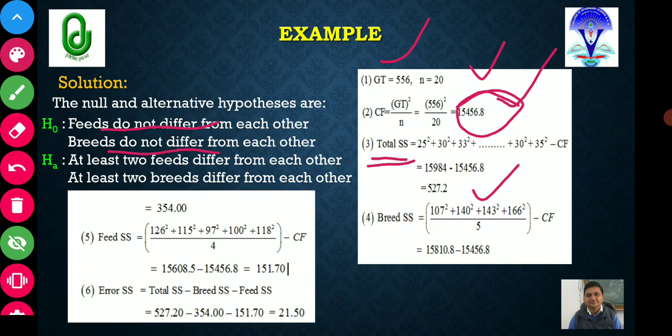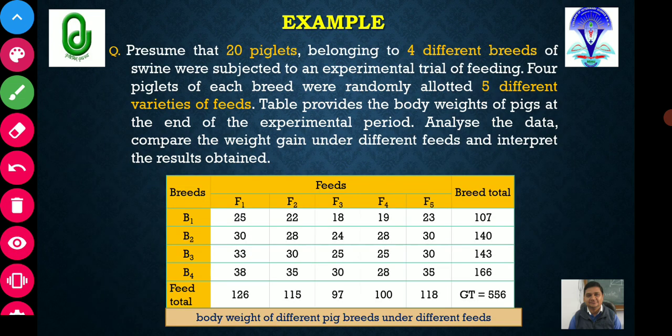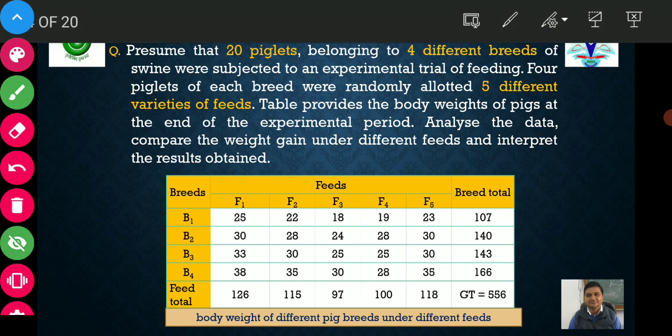Now the first classification, breed sum of squares. Just see this table, breed sum of squares. So these are the breeds. So for the breed sum of squares, 107 square divided by the total number of feeds. So total feeds were 5.